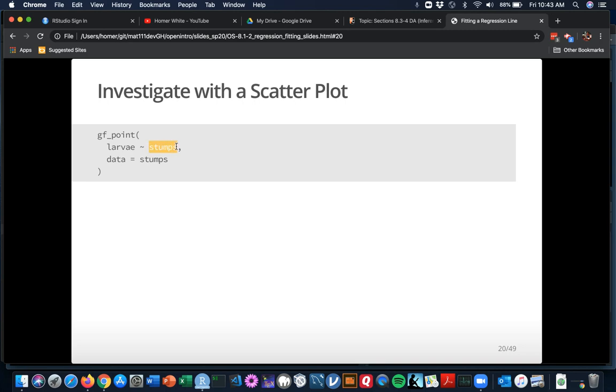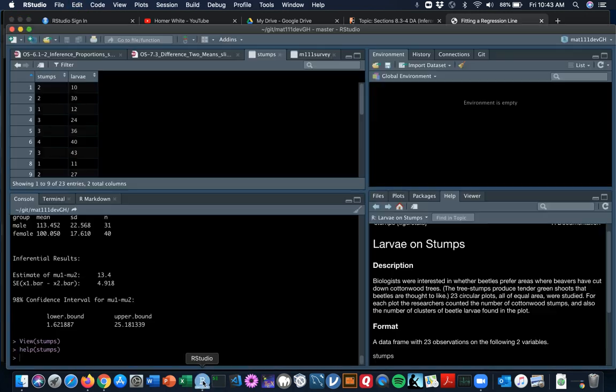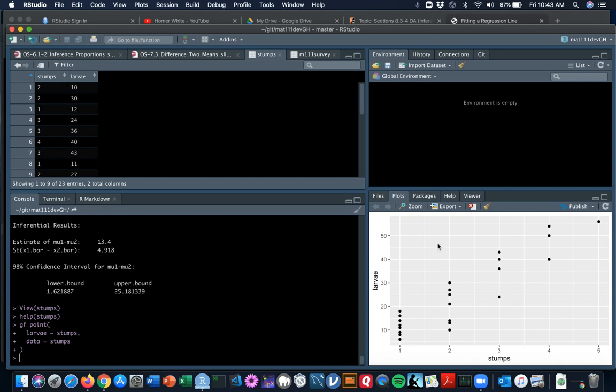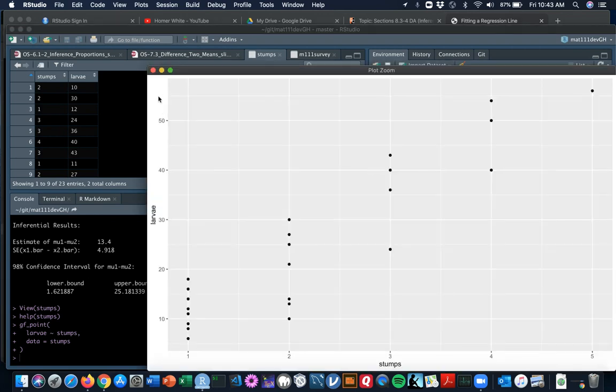And I'll think of stumps as the explanatory variable, so it's going to come second after the twiddle. And of course, you have to say where those variables live, and it comes in this data frame called stumps. So let's go ahead and try this out in RStudio, as you should always do when you're following along with one of these discussions. Give it a try, see how it works. Yeah, so there's our plot.